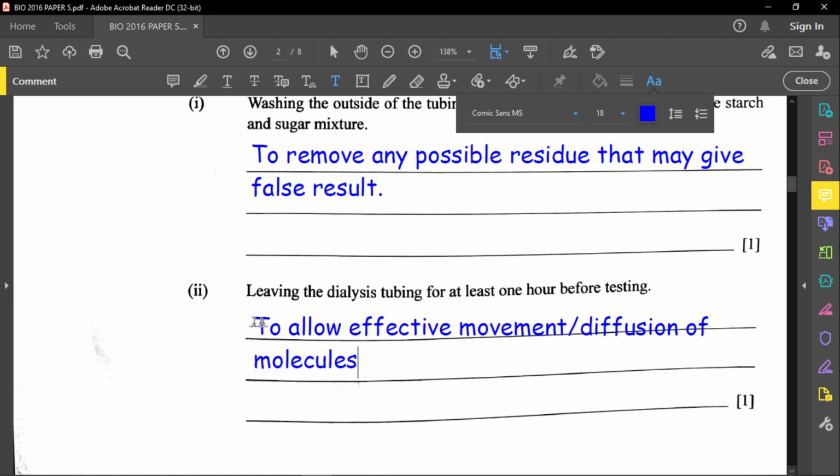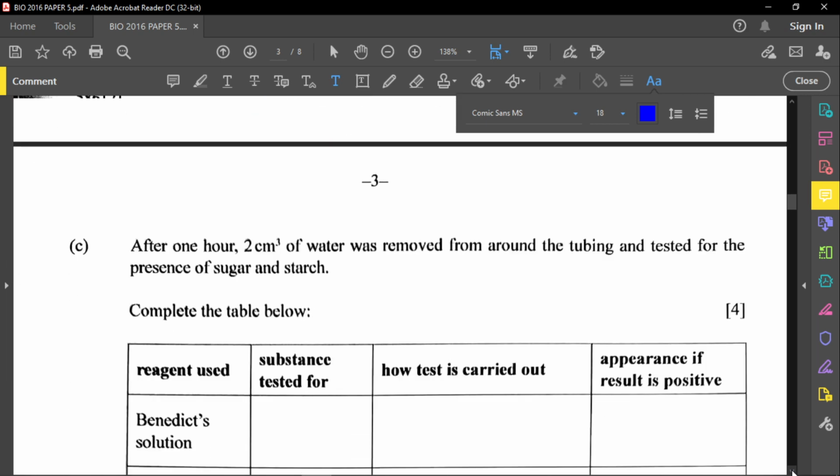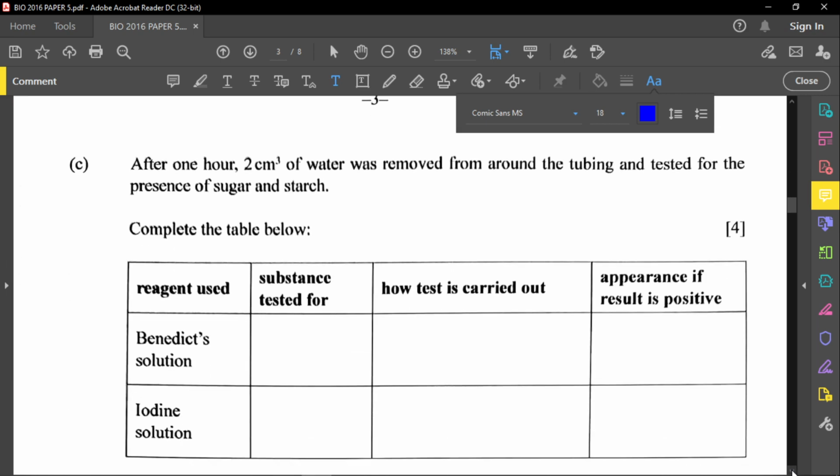So if you do it immediately, the molecules may not get enough chance to diffuse across properly, because remember that molecules will have to move from an area of high concentration to low concentration, and if not given enough time for the apparatus to allow the movement or diffusion, then you may not get any result at all.